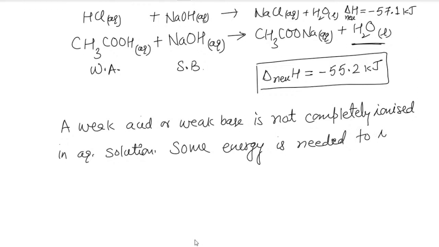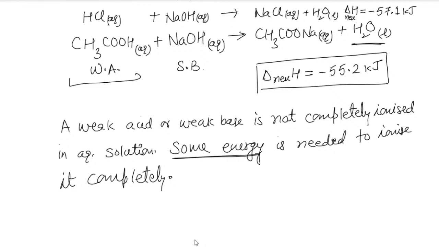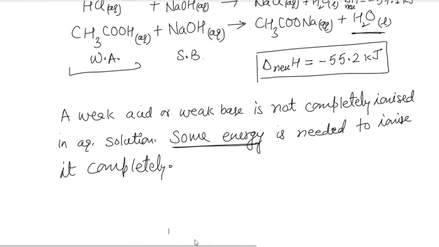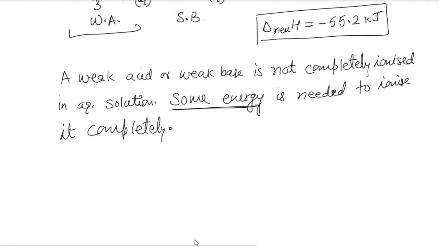To ionize it completely. So a small amount of energy is used to ionize it, because a weak acid like acetic acid is ionized feebly. So to ionize it fully we have to give extra energy, and that energy it will absorb. That's why the enthalpy of neutralization is less.